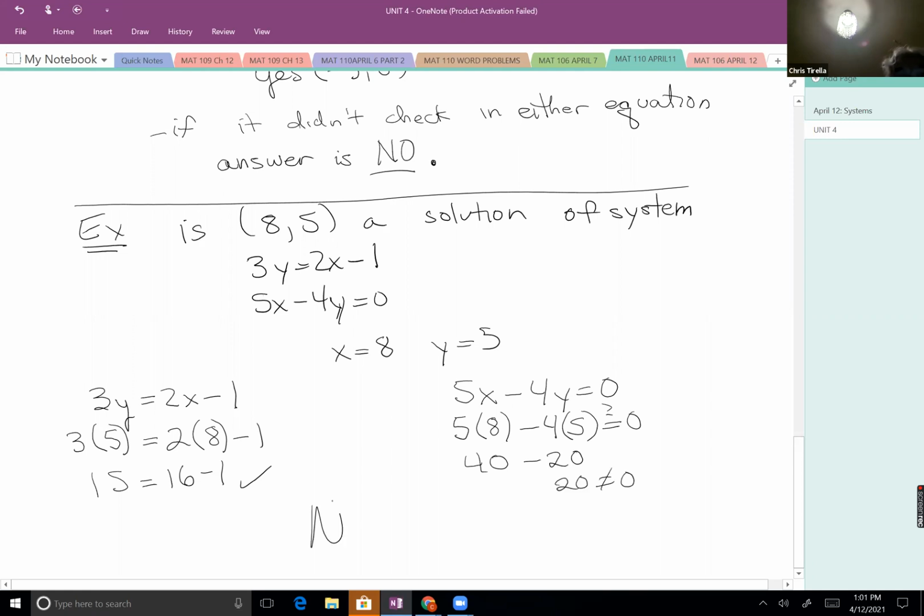And so here my answer is no, it's not a solution to the system, because in order to be a solution to the system, they both have to work. So if the first one would have been a no, you could have stopped there and known it's not a solution. In order to be a solution, they all must be yeses. Better?